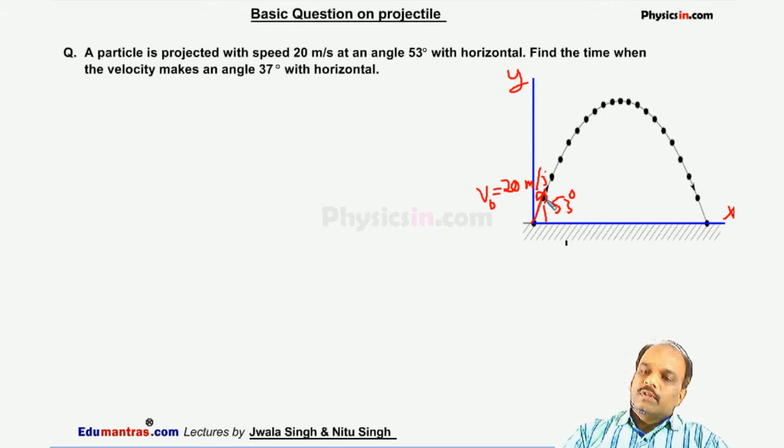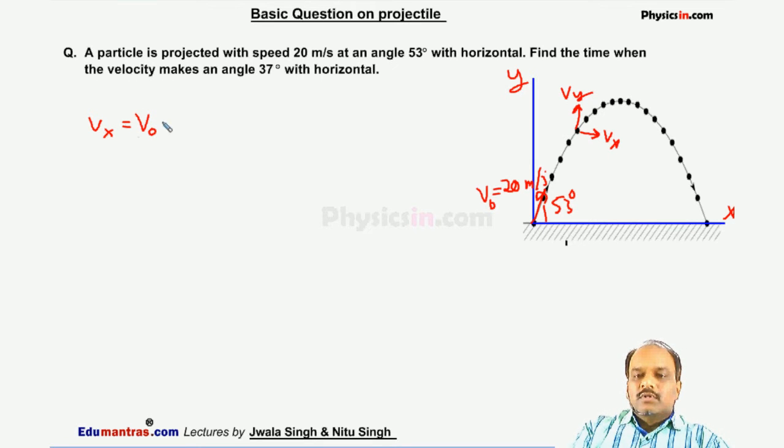As we know, when the particle is moving upward, its velocity goes on decreasing. So the horizontal velocity component is Vx and the vertical velocity will be Vy. Vx is equal to V naught cos theta, whereas Vy is equal to V naught sin theta minus g into t.